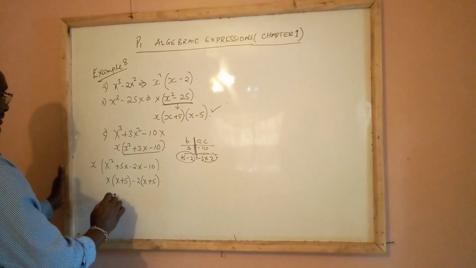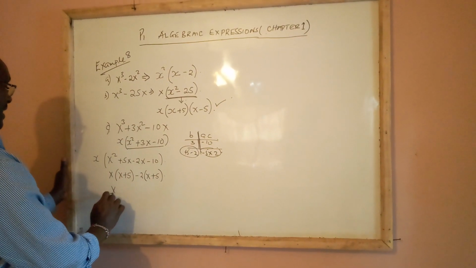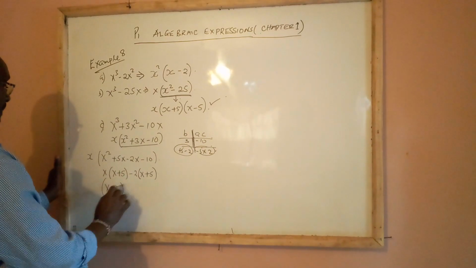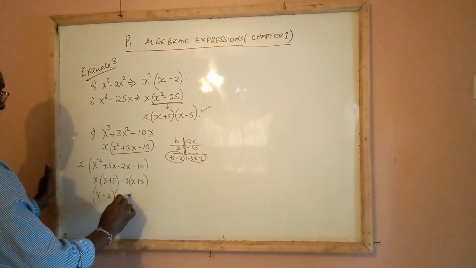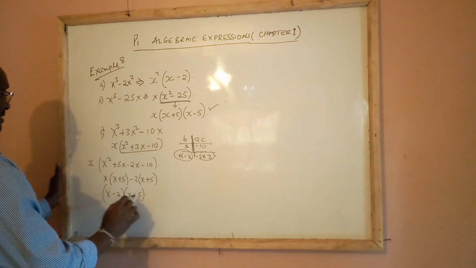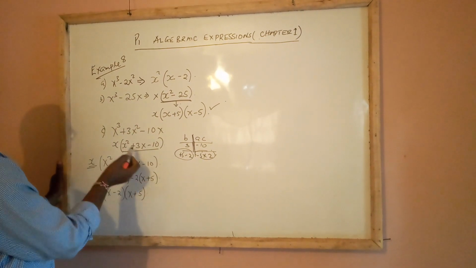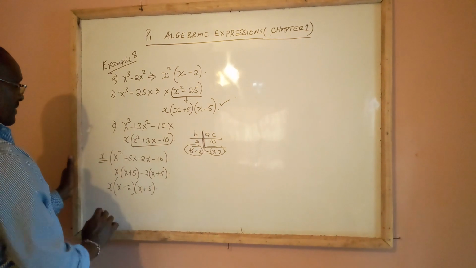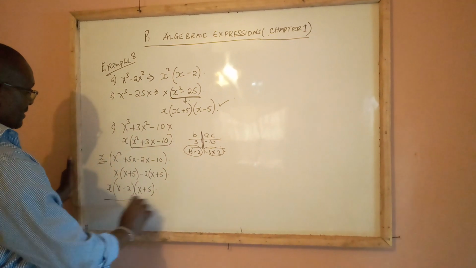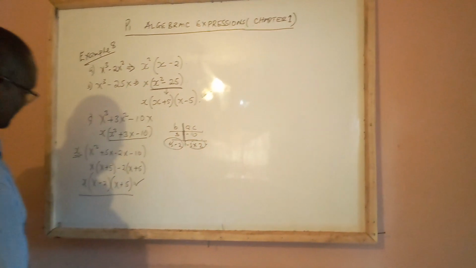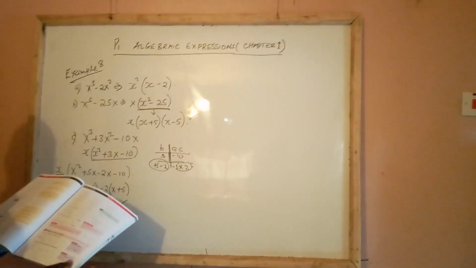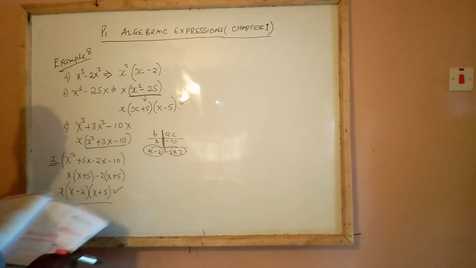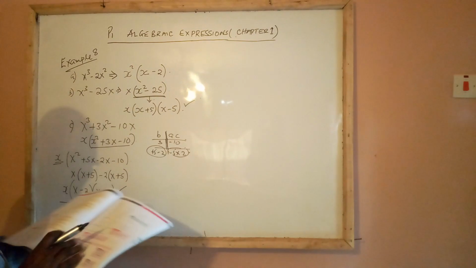So we write our final submission as x minus 2, x plus 5. But there was an original x which was realized in the very first step. It can either come there or even at the end. That is the final submission as far as factorizing part C is concerned.